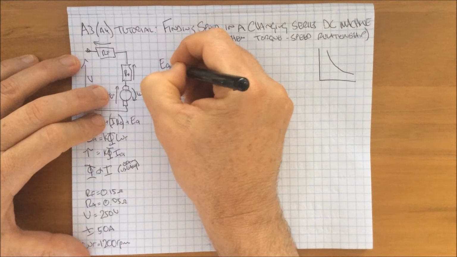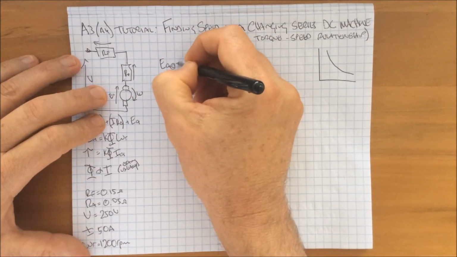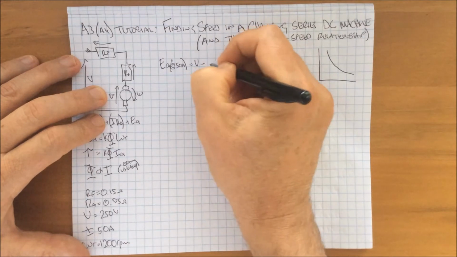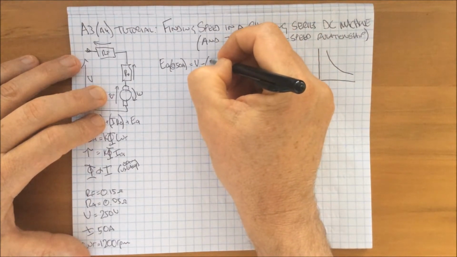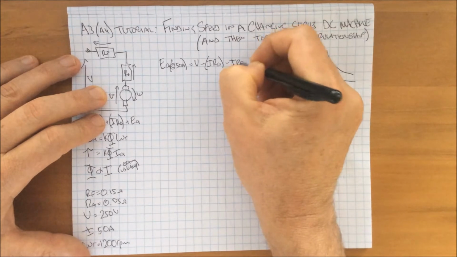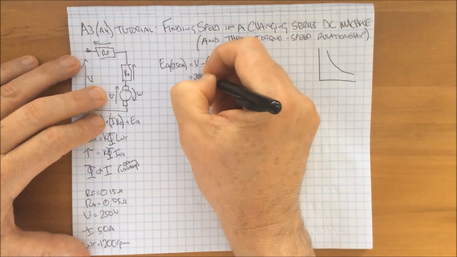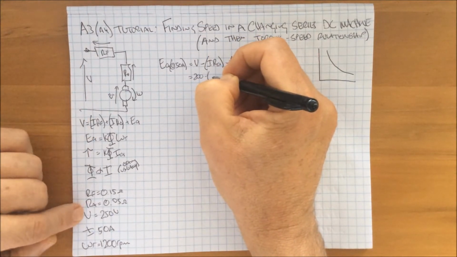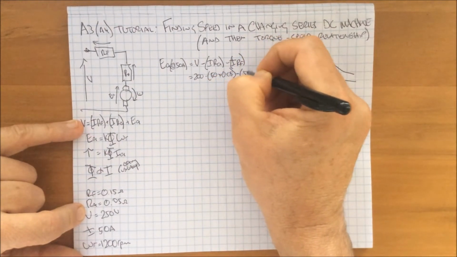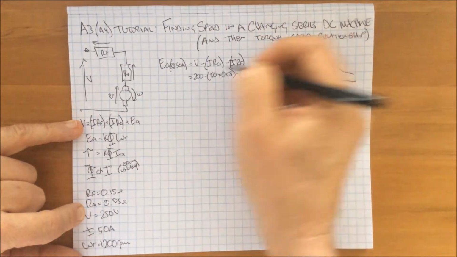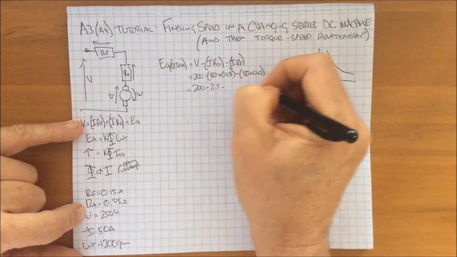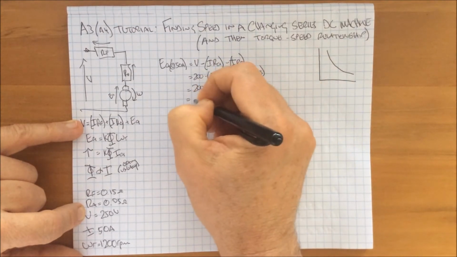So the back EMF at our 50 amp condition is the input voltage minus the current as it stands times the armature resistance minus the current as it stands times the field resistance, which is 200 volts minus 50 amps times 0.05 minus 50 times 0.15, and that is 200 minus 2.5 minus 7.5, which gives us 190.